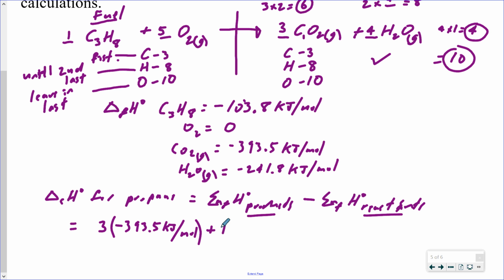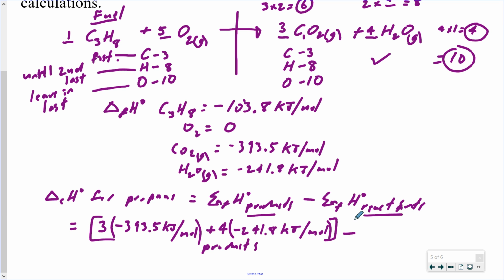I have 4 of them. And the heat of formation for water, negative 241.8 kilojoules per mole. I like to put the square brackets around all of this. So all of this now, these are my products.